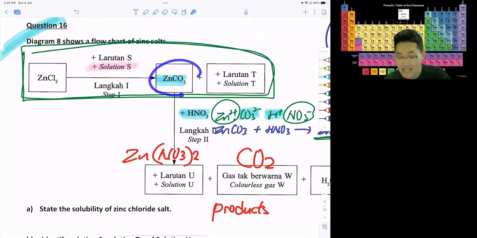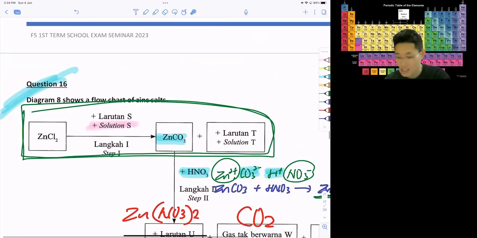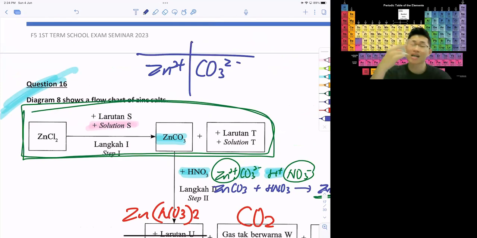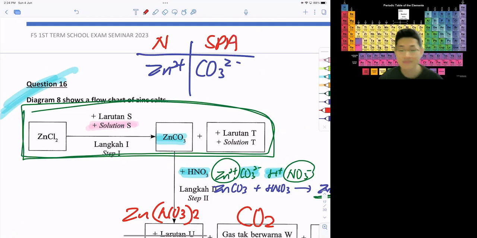I want to prepare zinc carbonate. You see? I want to get zinc carbonate. So I will just place this zinc carbonate into the cross. But which cross, guys? First cross, second cross, or the third cross? Zinc carbonate is the third one, insoluble, and so I use the precipitation method.